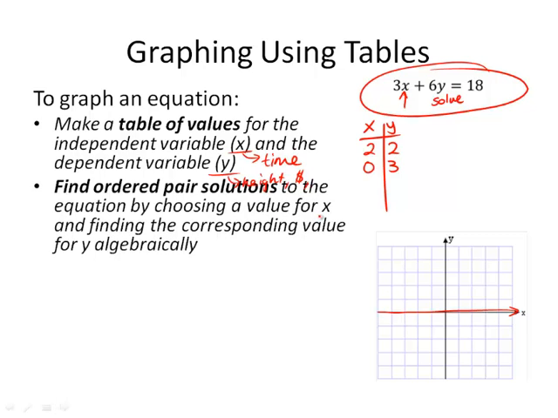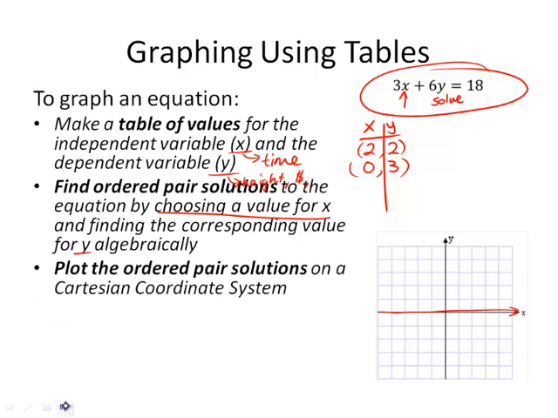And that's what this states here. The ordered pair solutions that we have found were found by choosing a value for x and then finding the corresponding value for y. Next step is to plot the ordered pair solutions on a coordinate system, so let's try that. 2, 2, 0, 3.